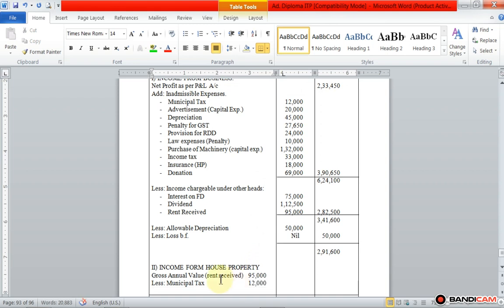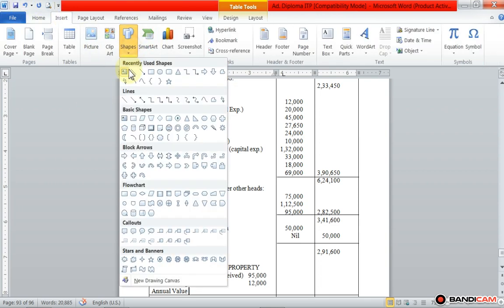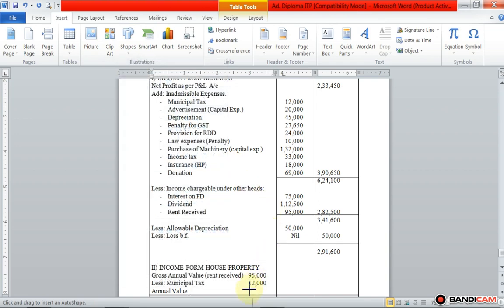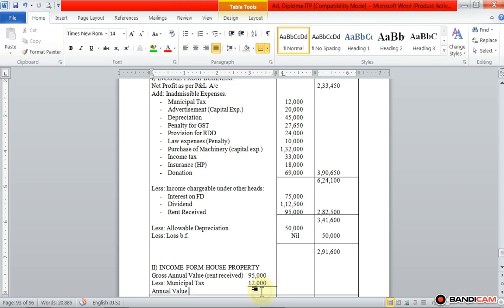Then we get the annual value, and annual value is 83,000.